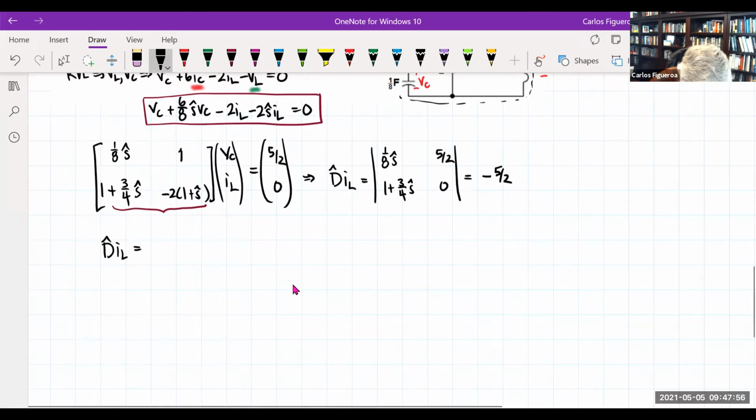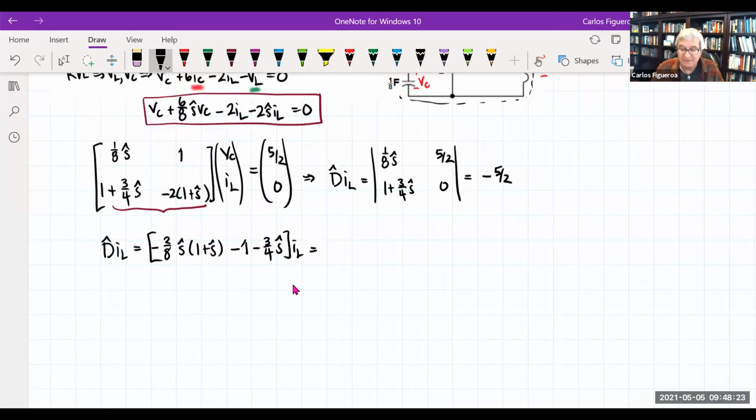Now if I do the algebra, I'm going to get minus 2/8 S hat operating on 1 plus S hat, minus this guy, which would be minus 1 minus 3/4 S hat, and that's D.